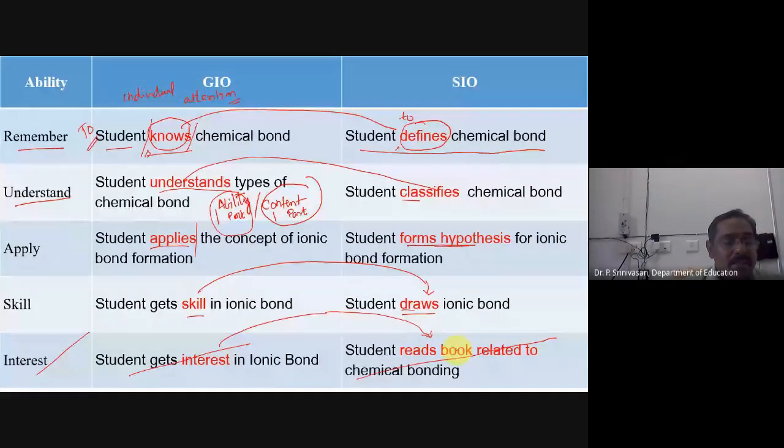Suppose you say affective domain, reading books related to chemical bond, we cannot see this in our own class itself. That may happen out of class in these affective domains sometimes. Therefore, leave the last one. So have only number 1 to 4: remember, understand, apply, and skill. For the 4 abilities, write GIO and write SIO.